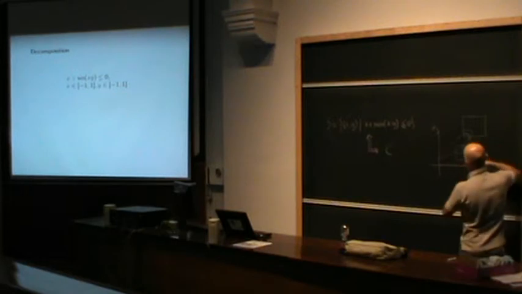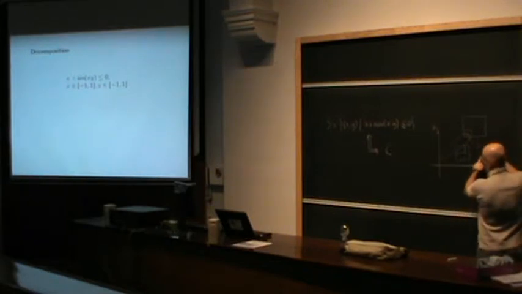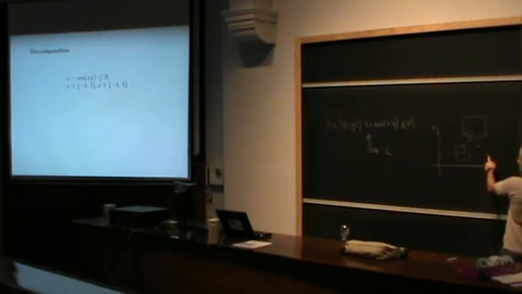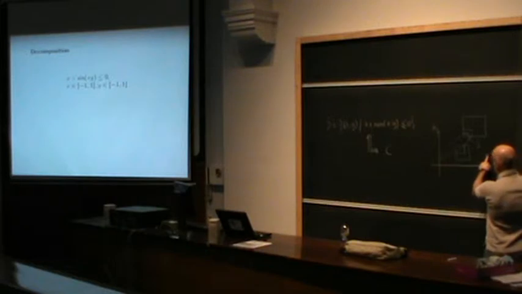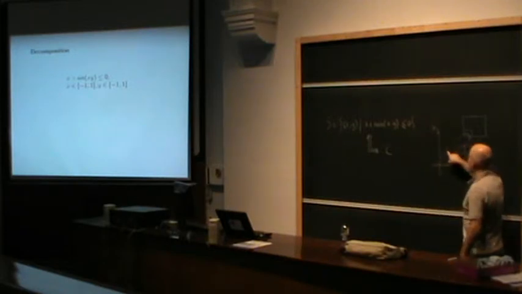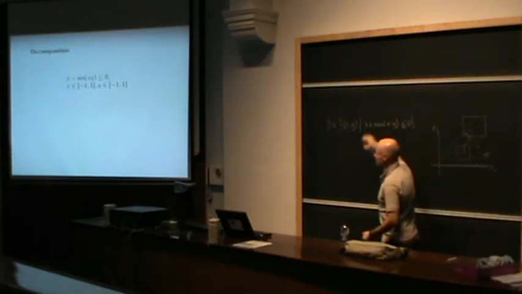The set associated to the contractor corresponds to all points that are not contracted by the contractor. For instance, if I take this very small box, which corresponds to a point, and I apply a contractor, I will obtain the empty set. If I apply the contractor to this point, then I will obtain itself. Okay, so there is a correspondence between the contractor and the set.